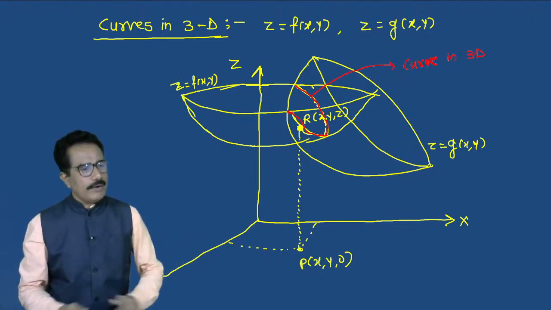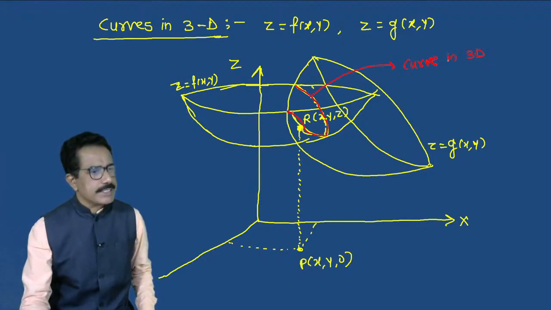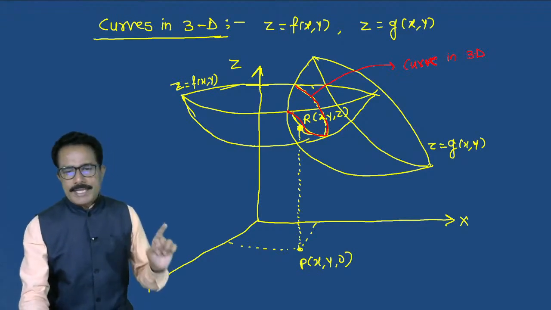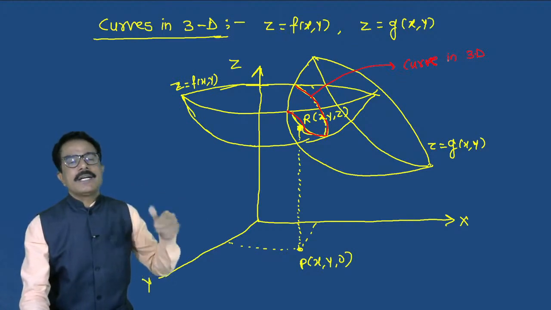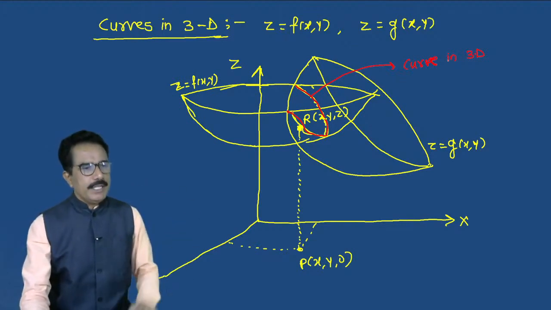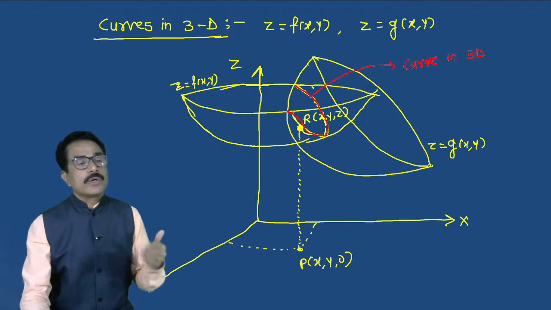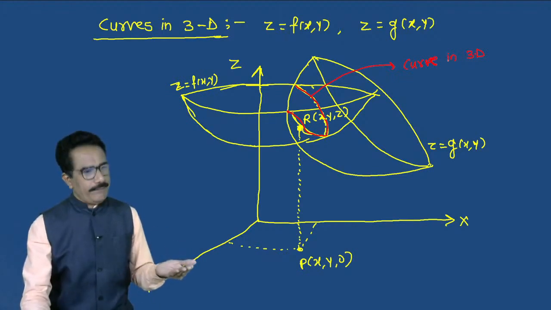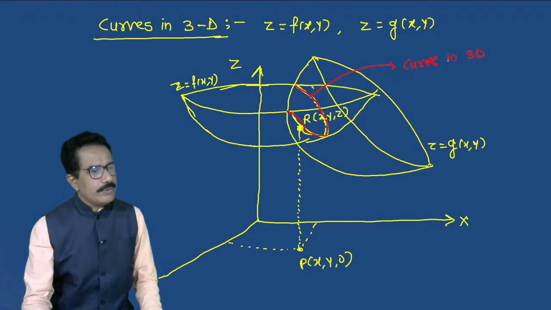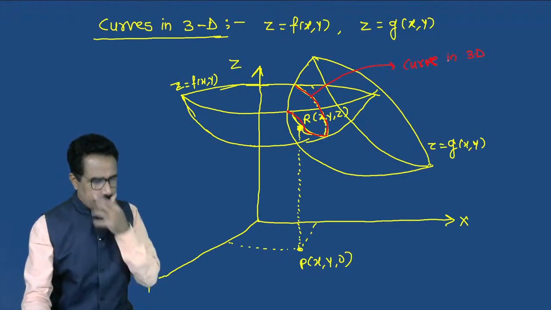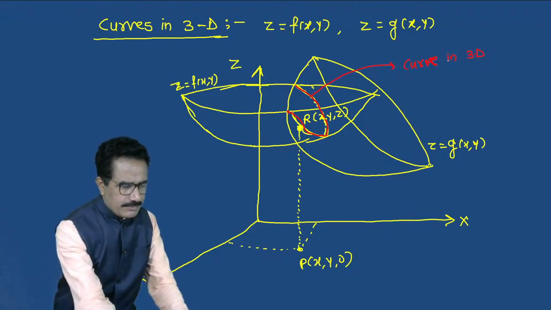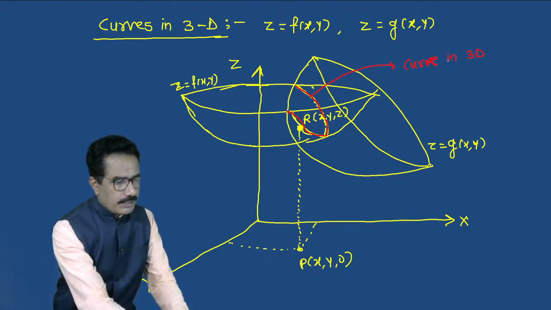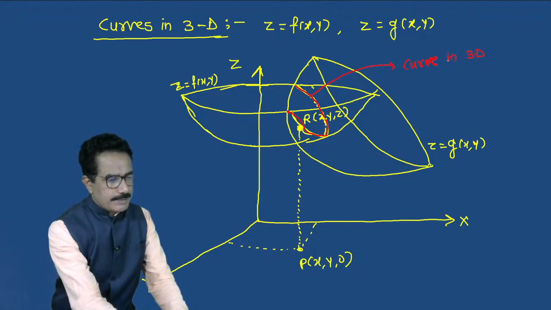Note that a curve in three-dimensional space is generally the intersection of the loci of two surfaces. Now we shall discuss this concept. So we can write the curve in space as the intersection of two surfaces.